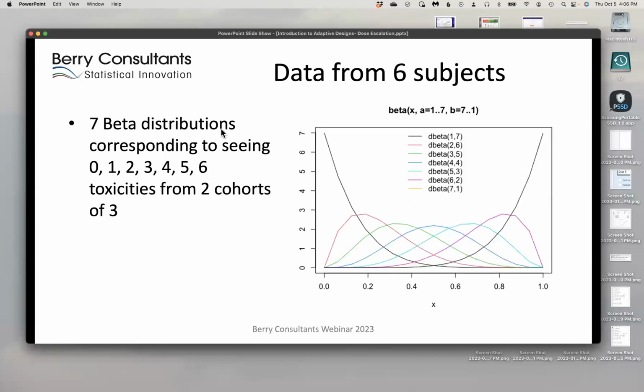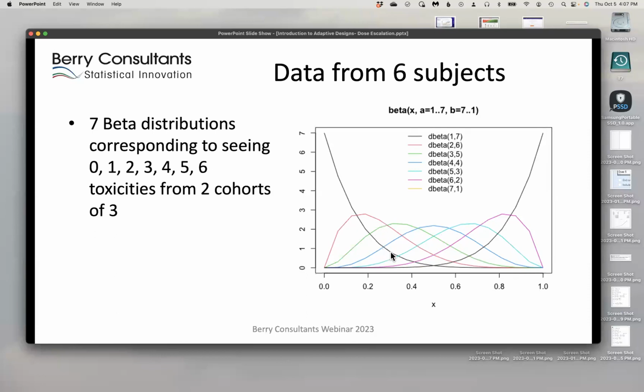Sadly, even after we've tested more subjects, say a second cohort, we've still got quite a lot of uncertainty. So again, now looking at these 7 distributions with the 7 different possible numbers of toxicities that we see from a cohort of 6. Again, if we're looking at a toxicity rate of 0.3 or 0.25, there are several outcomes which still leave us with that possibility.